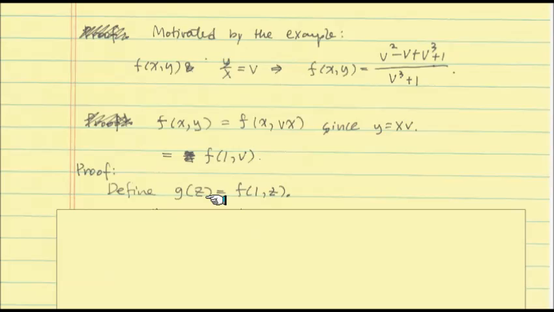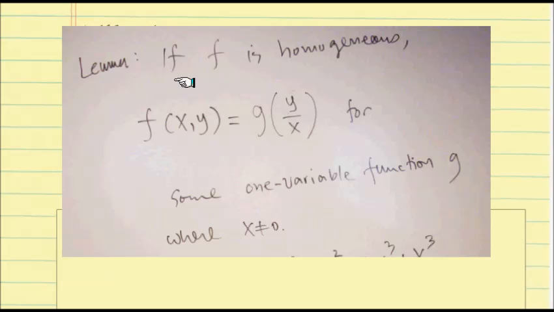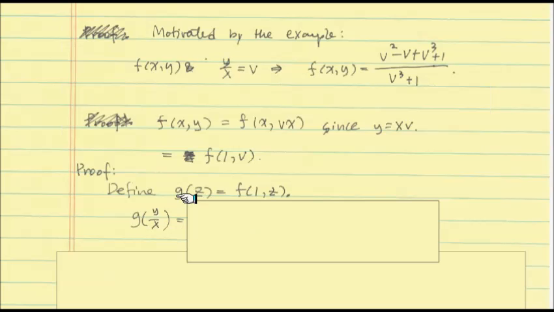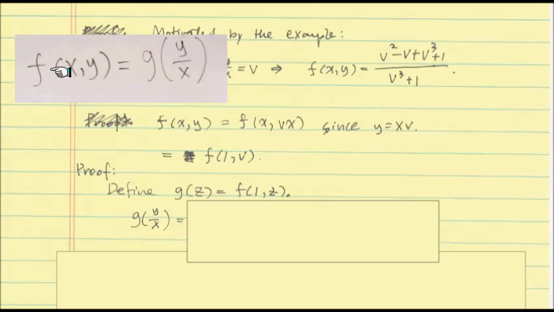Then you have to show this statement is true under this definition. So the first step is that you evaluate this function at y over x, and read this definition and see if you can algebraically show that's true. So I wrote down over here, this is our goal, this is what we want to show. So the next step is that we have this input y over x, so we're going to use this definition. So y over x goes to that part, and since f is given, this is what we're having.